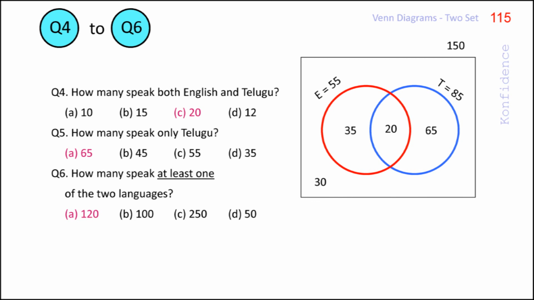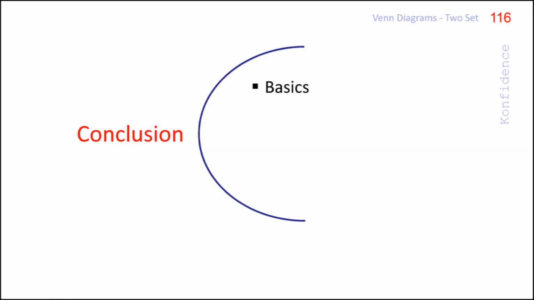The basics of set theory are the basis of Venn diagrams. So, it is imperative that those are learned before attempting Venn diagrams. The questions in aptitude tests from Venn diagrams are based on either 2-set or 3-set questions.